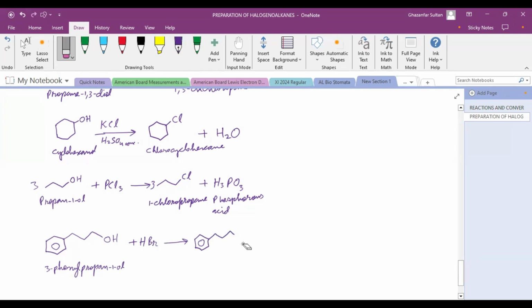If it is Br, then there would be Br. So the name of the product is 1-phenyl-3-bromopropane. 1-phenyl-3-bromopropane is the product, and the side product would be water.